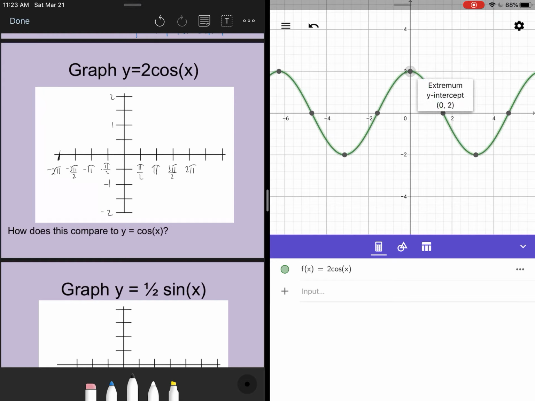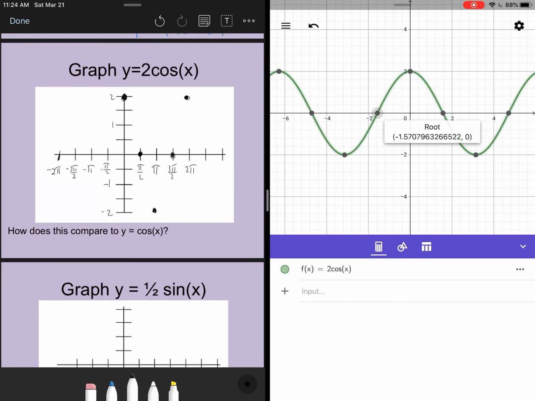Okay, so when x is 0, y is 2. When x is pi over 2, y is 0. When x is pi, y is -2. When x is 3 pi over 2, y is 0. And then last but not least, y is equal to 2 at 2 pi.